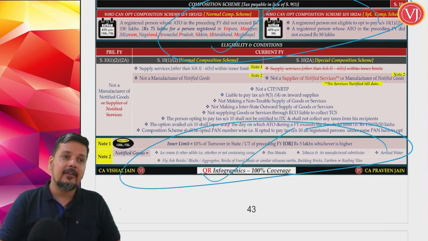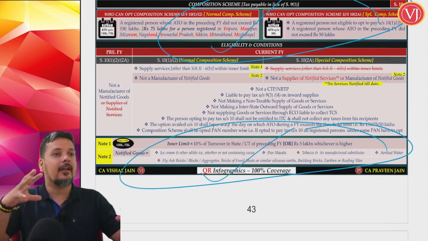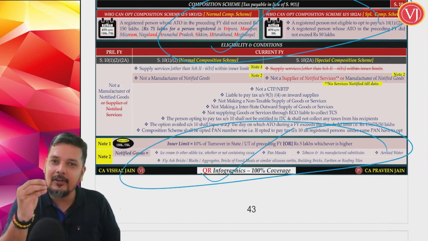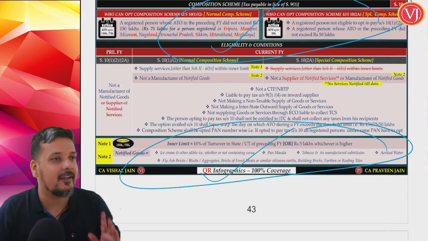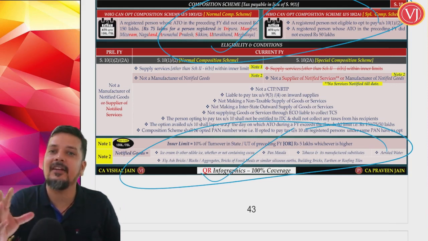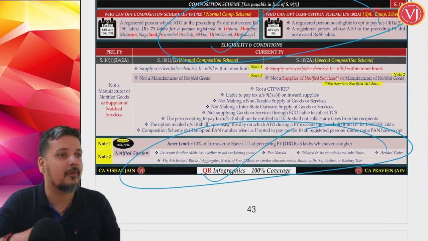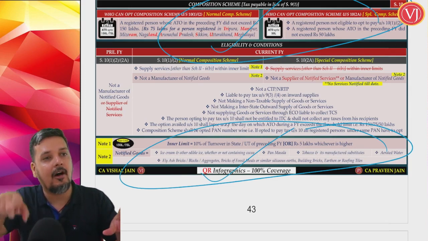That indirectly means that if I'm violating a condition in one state, supposing I'm working in 5 states, and my manager in Maharashtra wrongfully started making interstate outward supply, am I removed only from Maharashtra or from all the states? I am removed from composition scheme in all the states.